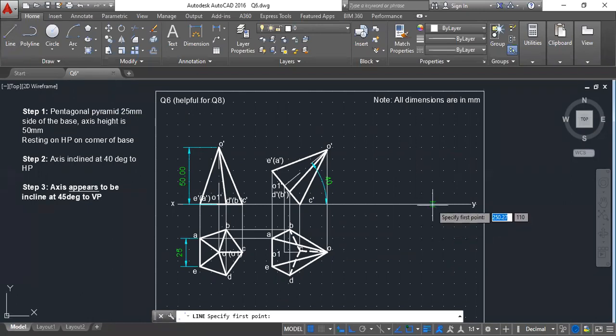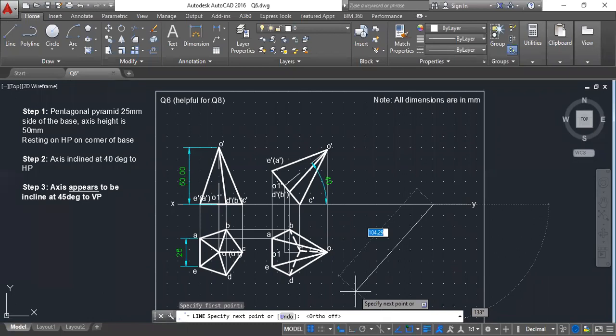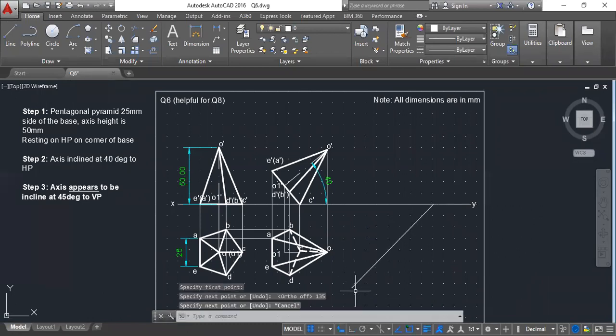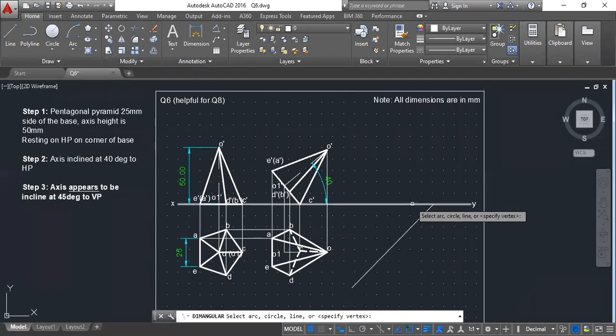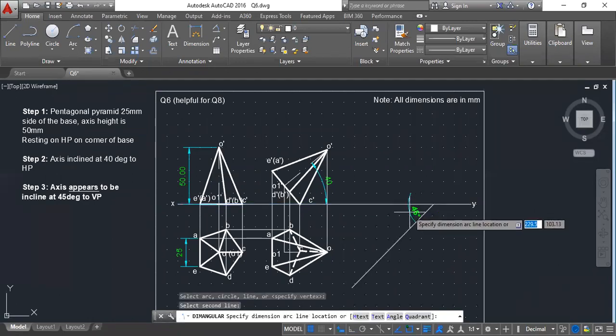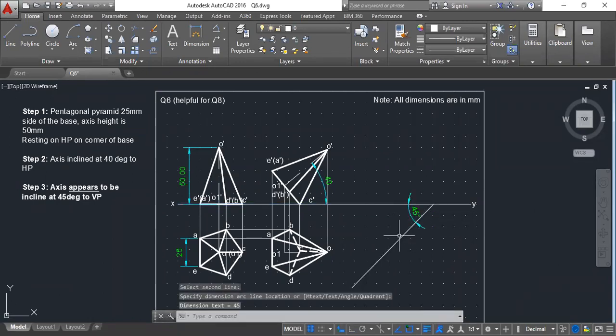So I can straight away draw a line which is at 45 degrees. Okay, so I'm just drawing a line at 45 degrees. Let me show that angle here. On this particular line I can straight away place this axis. Now how to place the axis? Simple.